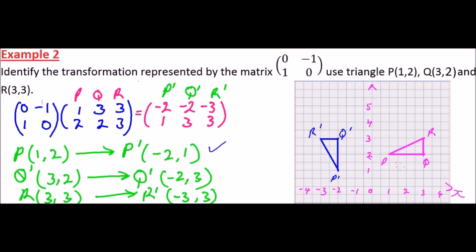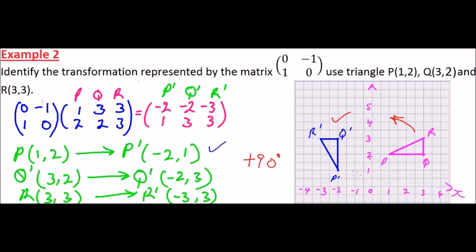We can interpret this by saying, if you rotate this triangle a positive quarter turn, that is positive 90 degrees, and anticlockwise is what we call the positive rotation, you will be able to get our image there.